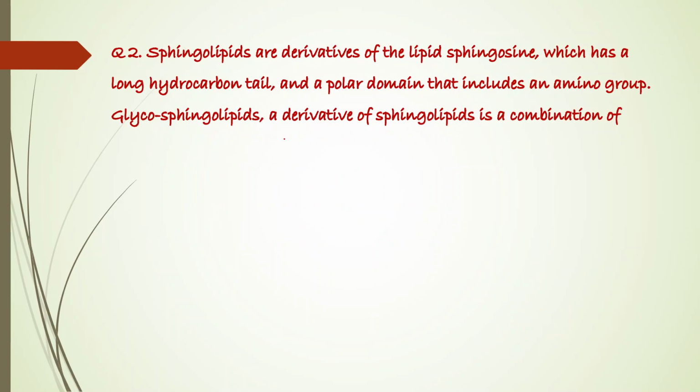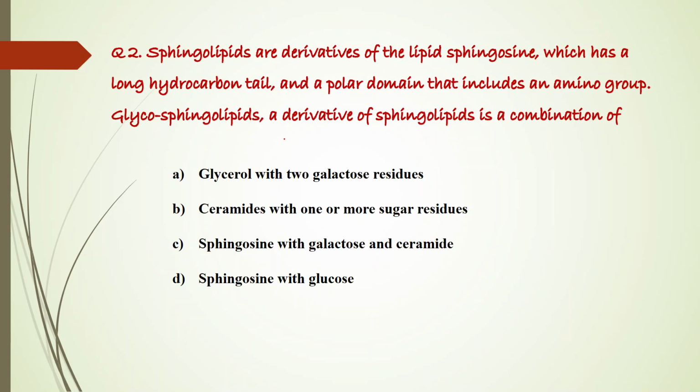Moving to the next one, it is saying sphingolipids are derivatives of the lipid sphingosine, which has a long hydrocarbon tail and a polar domain that includes an amino group.